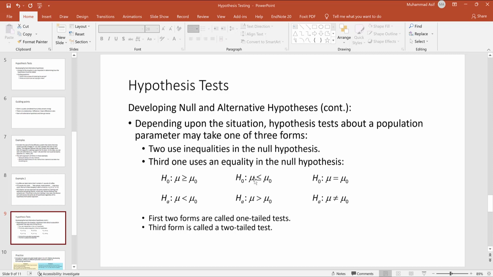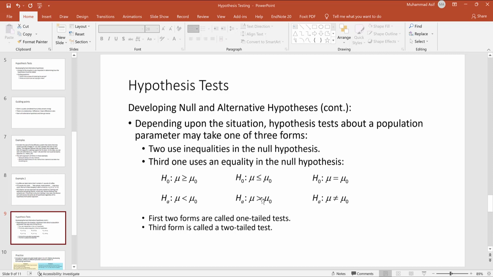It says that mu is less than mu sub 0, and then the alternative hypothesis would be exactly the opposite. And please note that here the alternative hypothesis is without any equality sign. So over here in the null hypothesis we have this equality sign, but over here there's no equality sign, just the symbols, which are less than or greater than.